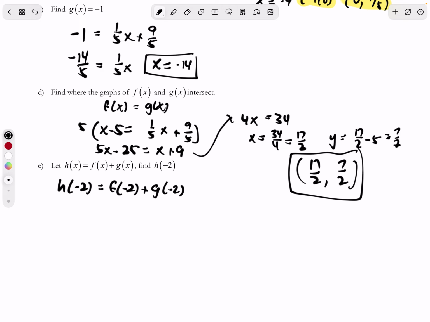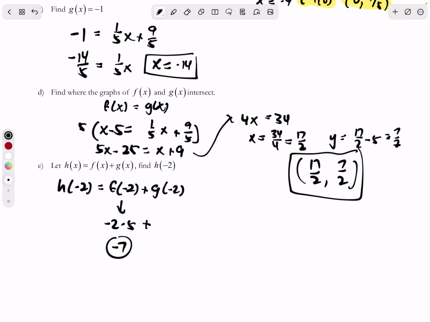So what's f of negative 2 now? Let's see. My f function is x minus 5, so f of negative 2 is negative 7.